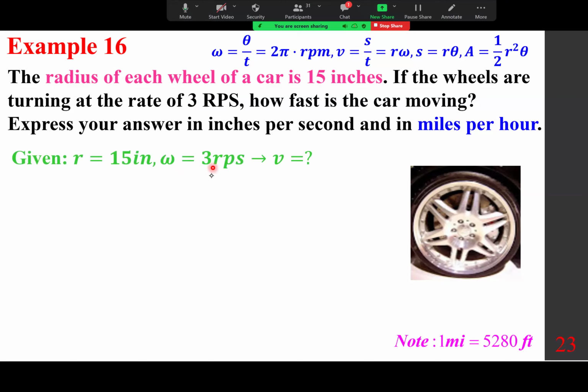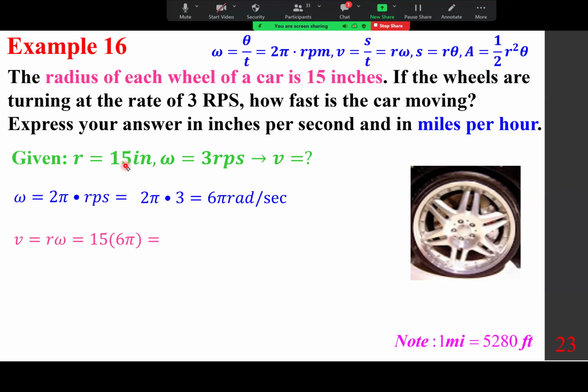So 2 pi times this number, 6 pi radians per second. V equals R omega.